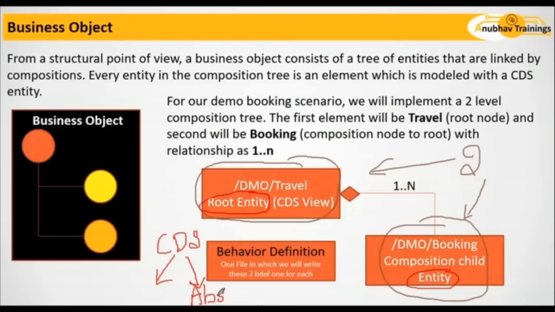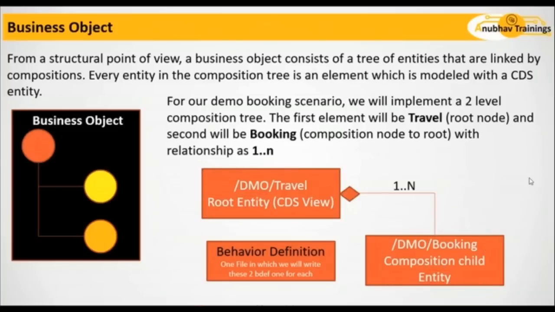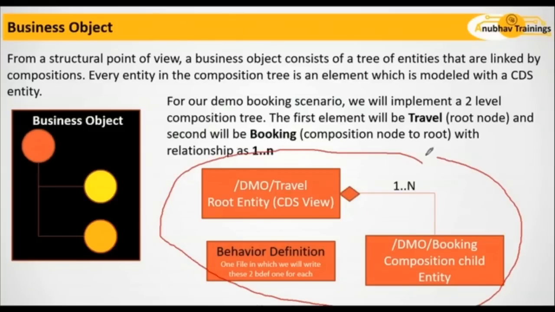A table type doesn't hold any data until an internal table is created using it. That's where abstract entities come into the picture. We'll talk about this later, but just understand each entity here is a CDS view in RESTful ABAP, and combining all of them together becomes your business object.